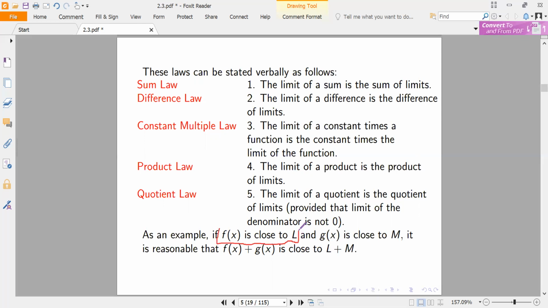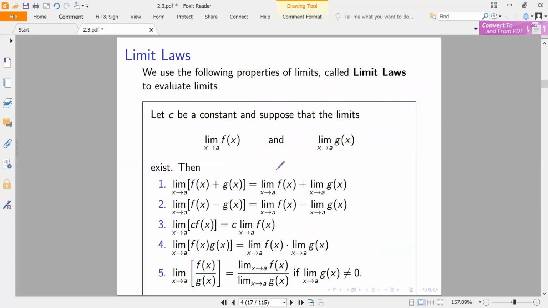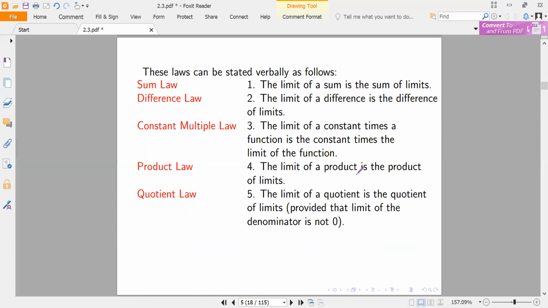So let's say f of x approaches L and g of x is approaching M. It means the limit as x approaches a of f of x plus g of x should also approach L plus M. Remember, this will have to equal L and this will have to equal M. So the answer of evaluating f of x plus g of x should just be L plus M.